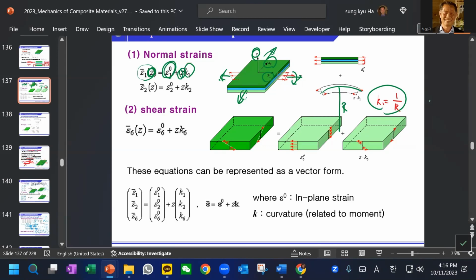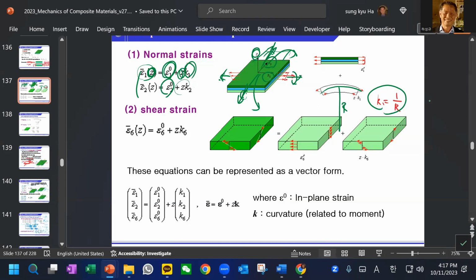But we have two constants. One is the uniform strain, and the other is the radius of curvature. The other direction will have the same: a uniform strain, and then also curvature. In other words, this can be extended this way, and this can be bending this way. So this is exactly the same.